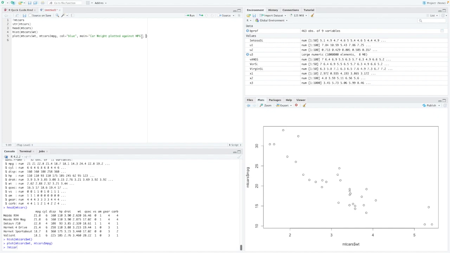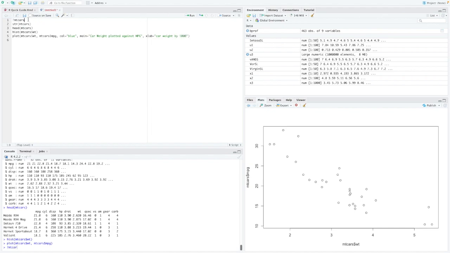I could label my x label to be car weight. I think it's in tons, right? Car weight by 1,000.